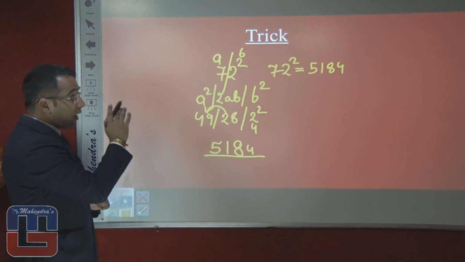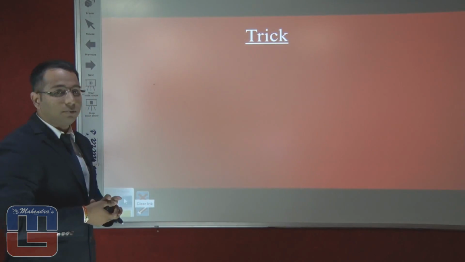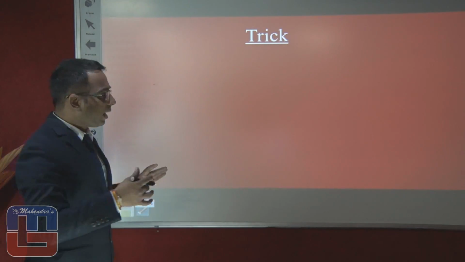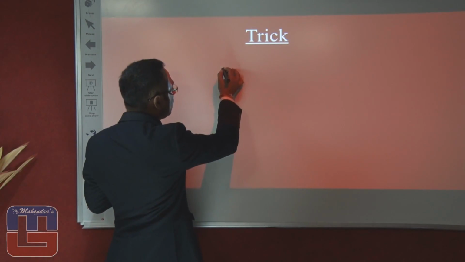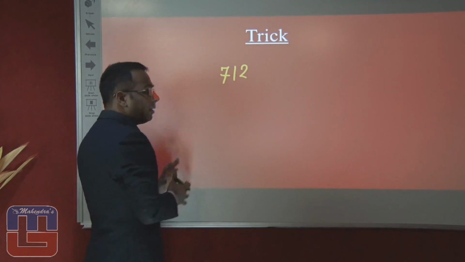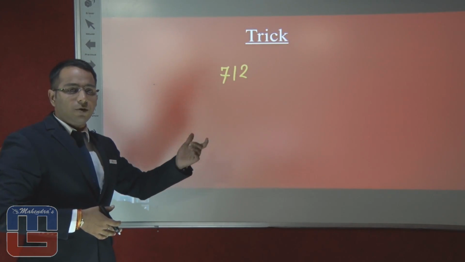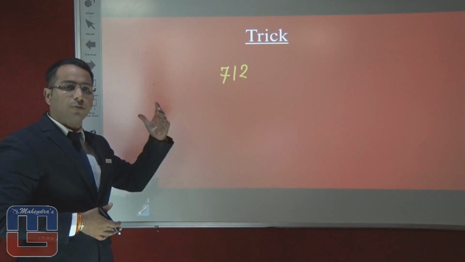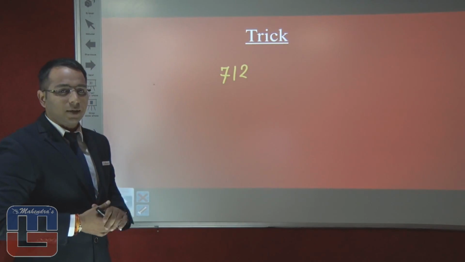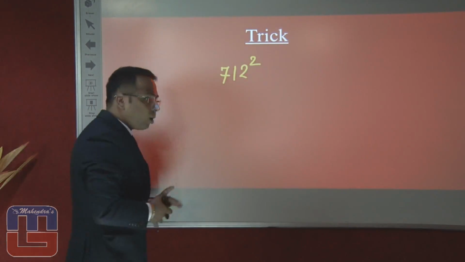I have said if we have a single digit number here, and we don't take a single digit at the back, in such cases, like I have given you the square of, let us say, 712. It is a big number. Though I have told you the trick of multiples of 7, if you don't remember those tricks, you can apply this. Square of 712. What we will do?